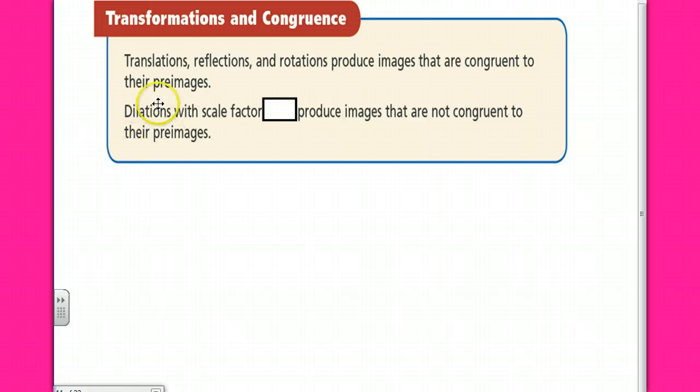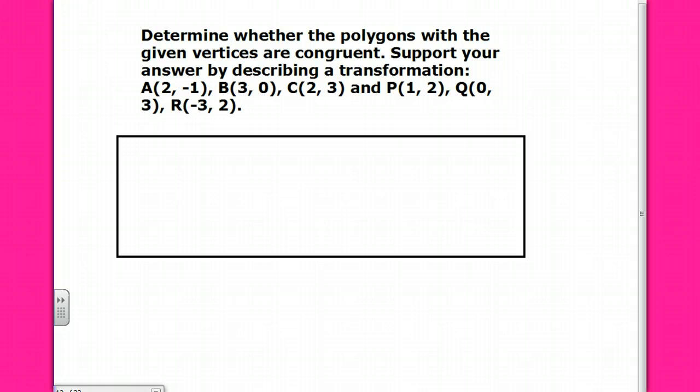But dilations, like we saw when we multiplied x and y by 3, change the figure from an original to something that's larger, right? So these produce images that are not congruent to their pre-images. Of course, if you multiply by a factor of 1, you wouldn't be changing an image, right? So this is true. Dilations are true when we have a factor that is not 1, right?